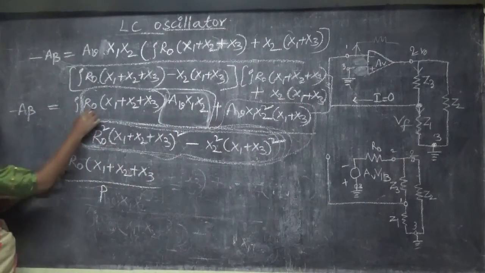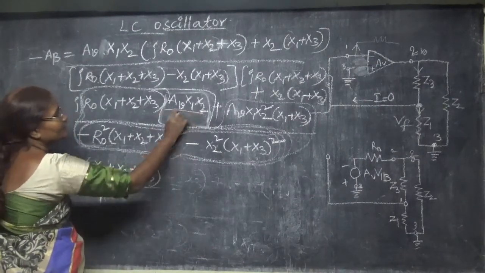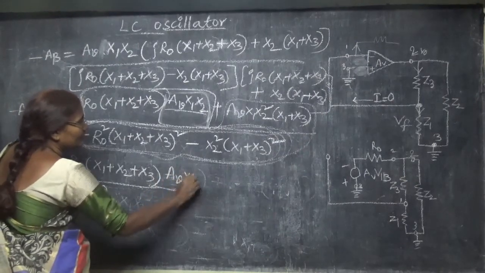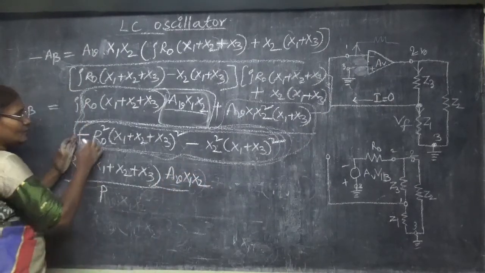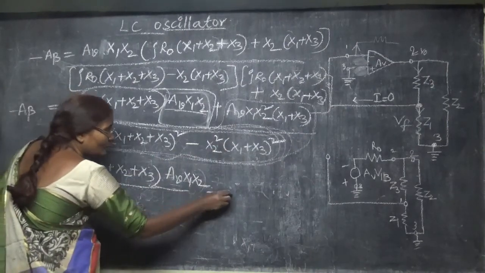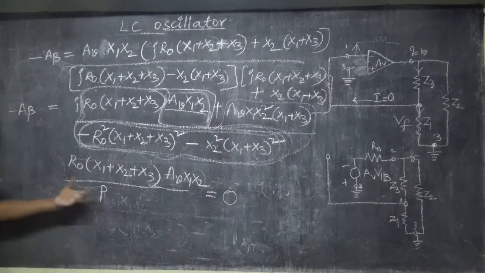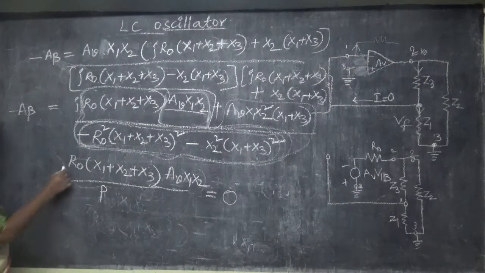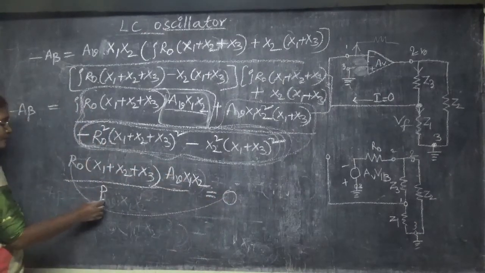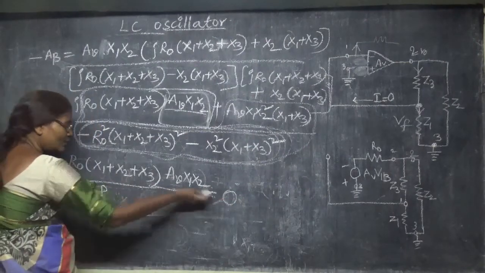So now R0 x1 plus x2 plus x3 into this also is there. So my imaginary part should be 0. When this is 0, R0 into 0, p into 0. Sorry, R0 0 by R0.